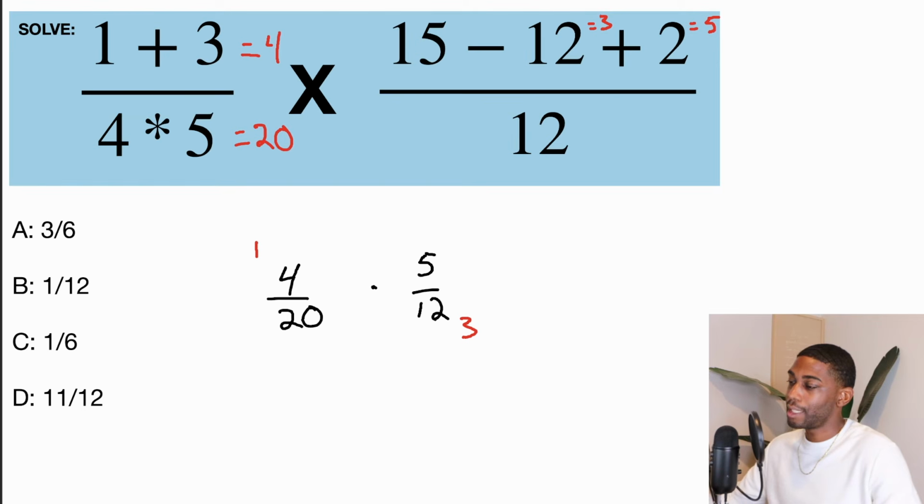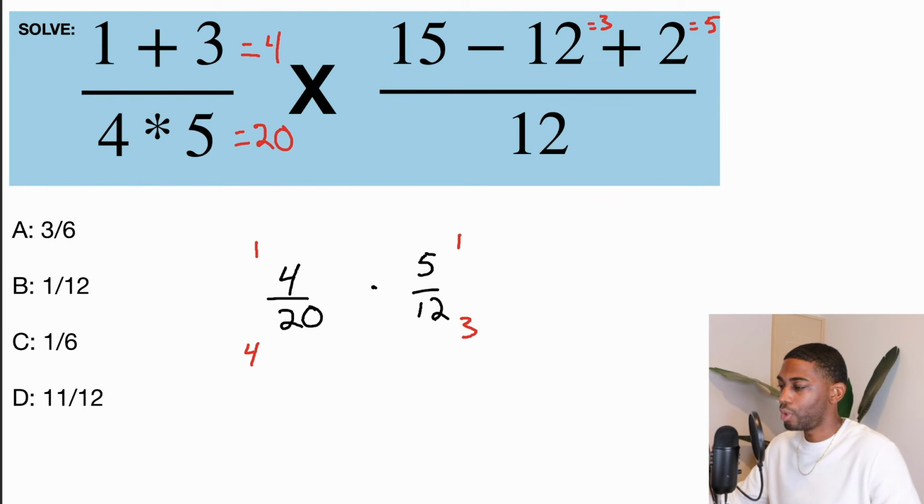And then on this side, going diagonally, 5 does go into 20, so that works out very well. 5 goes into 20. 5 goes into 5 a total of 1 time. 5 goes into 20 a total of 4 times. Rewrite our fractions down here.